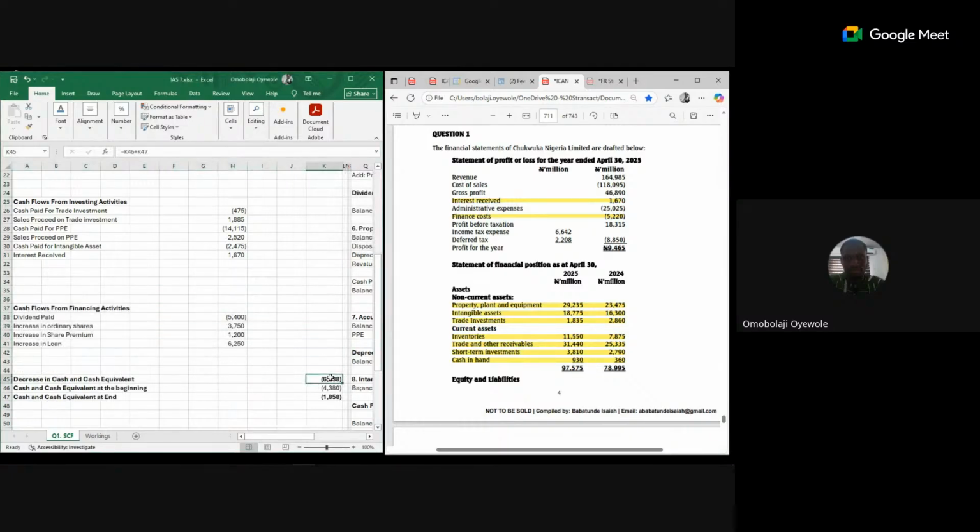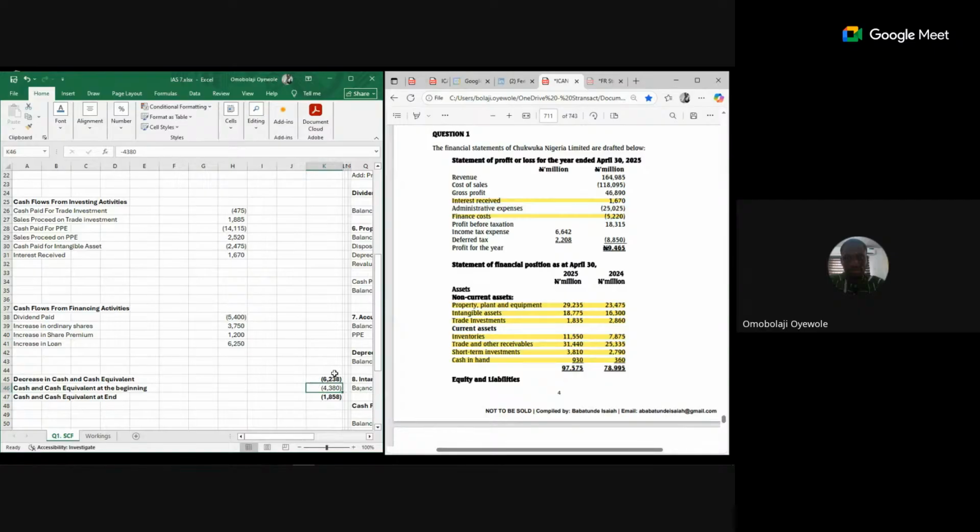Okay, so there's an error here. Normally it's supposed to be balance at the end minus balance at the opening. Because we are already having a negative figure, if you minus a minus, it's going to give us plus. Sorry, plus this.